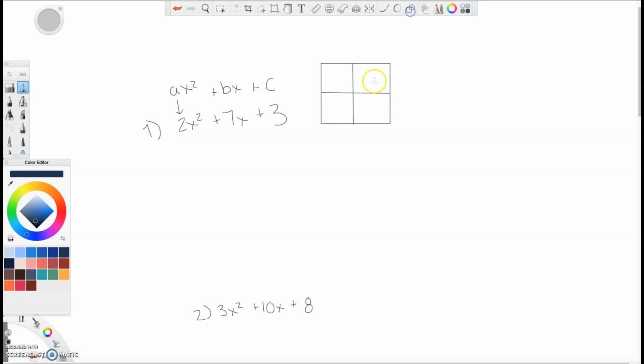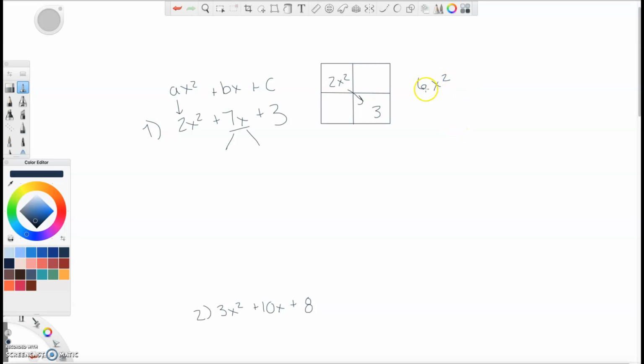For this one, it's going to be 2x squared, and in the bottom we're going to have 3. What we're looking to do is decompose the 7x. We're going to break 7x into 2 distinct factors. So we multiply 2x by 3, and that gives us 6x squared.